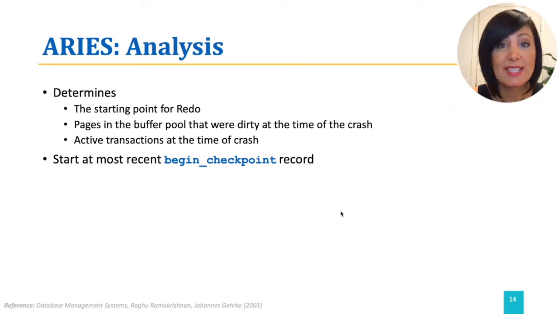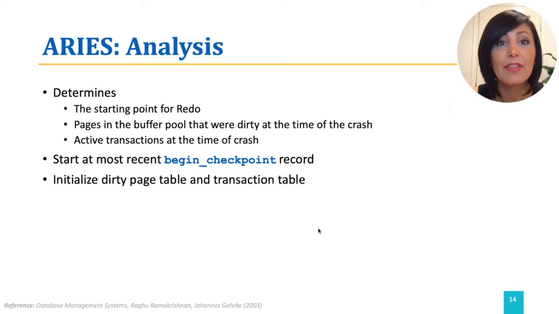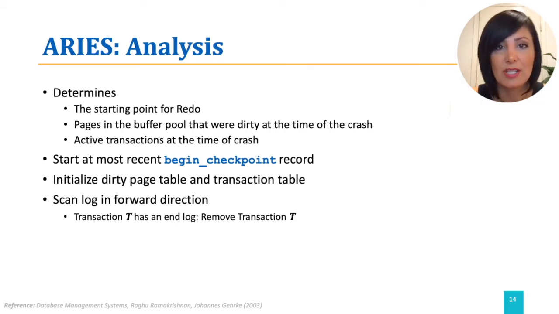It initializes the dirty page table and the transaction table to their values within the checkpoint. Then it starts analyzing the log from that time going forward towards the time of the crash. If a transaction has an end log, it removes it from the list of transactions.